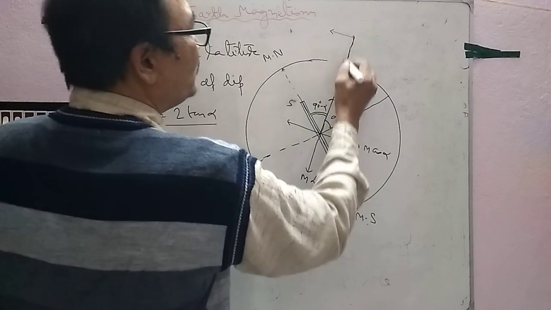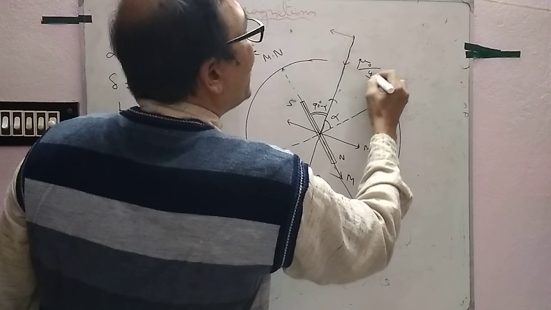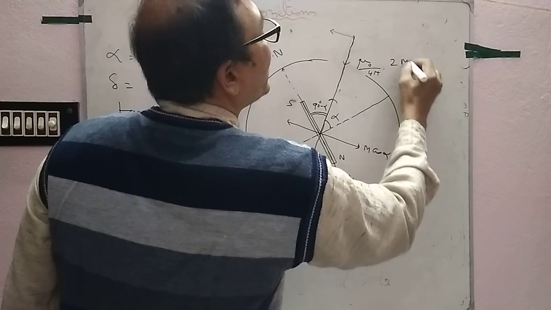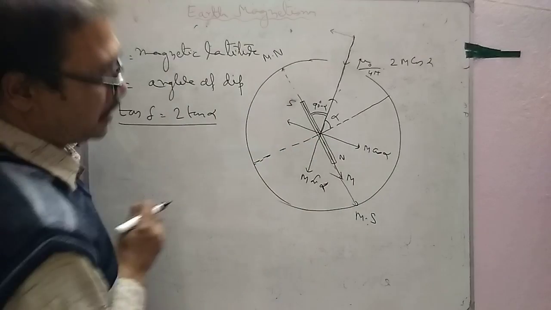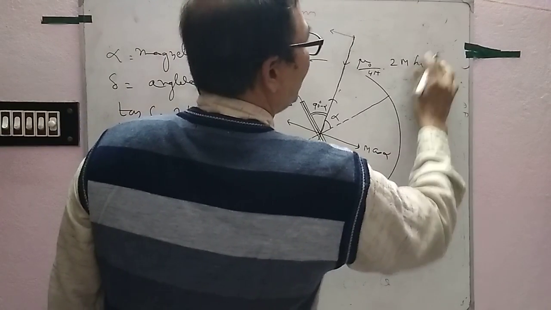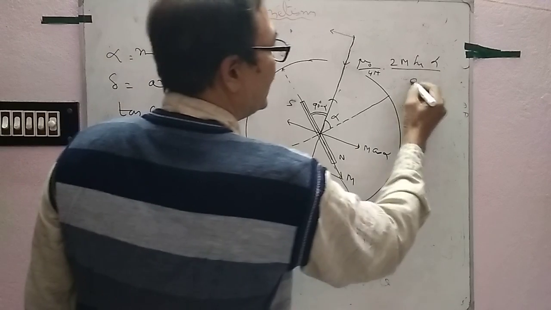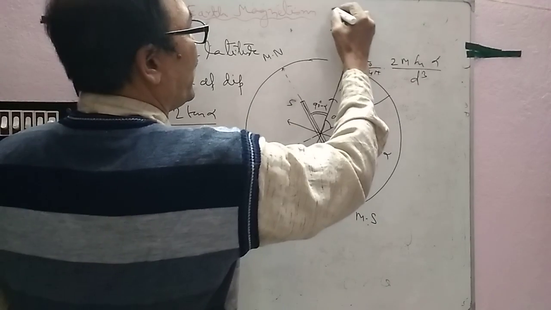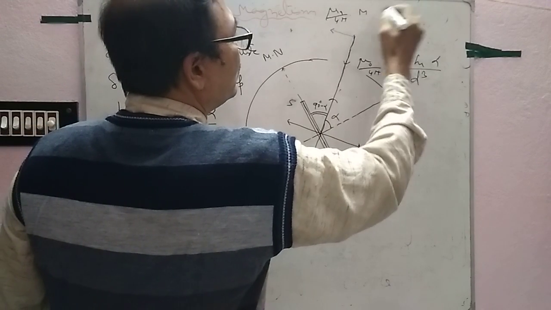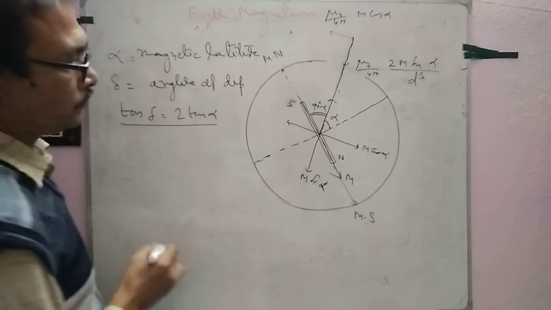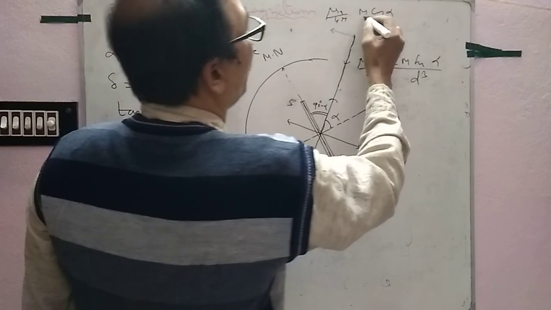So here and here, in this direction mu naught by 4 pi, 2M sine alpha by d cube, suppose d is this distance, and in this way mu naught by 4 pi, M cos alpha by d cube.